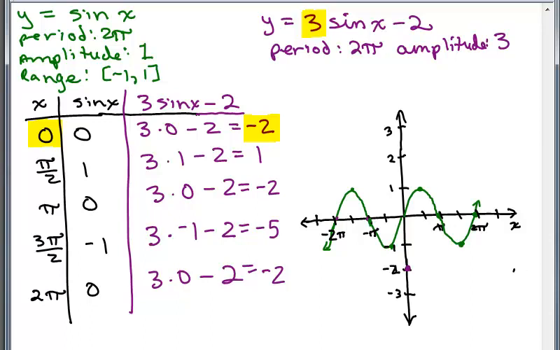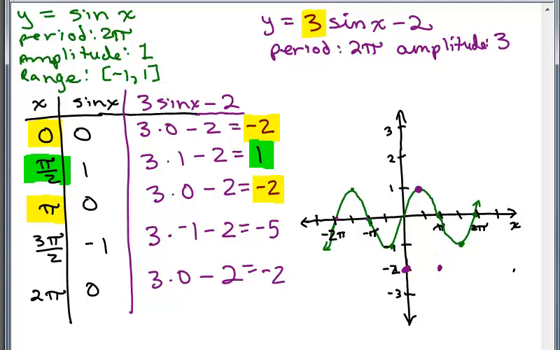The second ordered pair, I'll use green: pi over 2, 1. It's right here. Then we've got pi, negative 2.